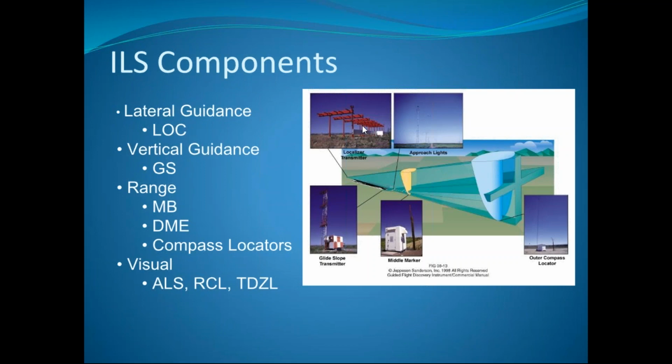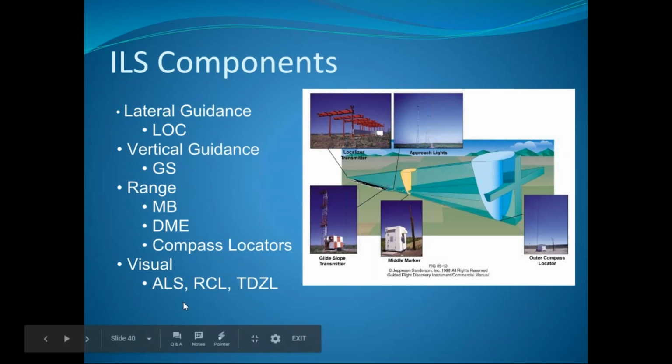So let's talk about ILS components. Once again, we'll get even more detailed with these ILS approaches as we get further into the course. We just keep building on basic knowledge and increasing it. So, ILS components. You've got the lateral guidance, or the localizer.